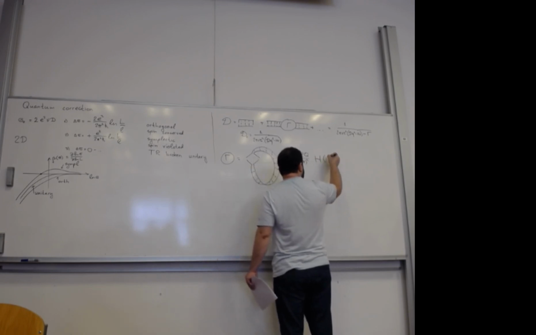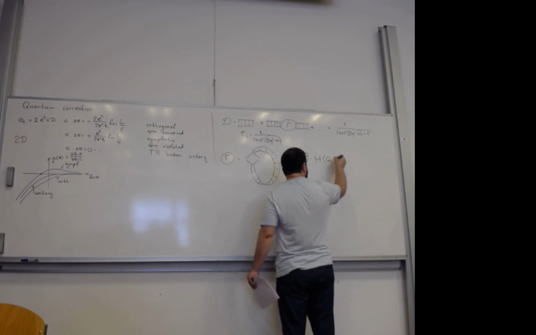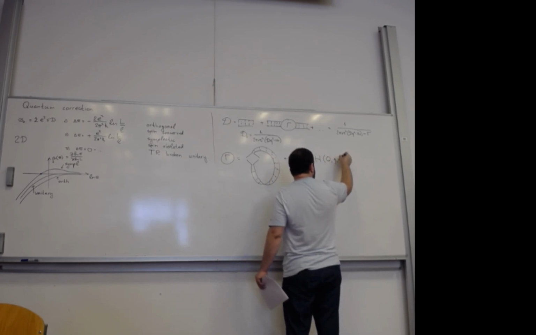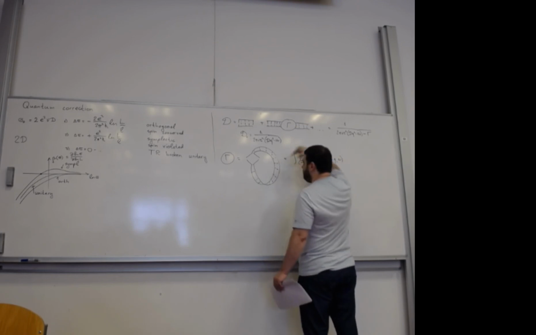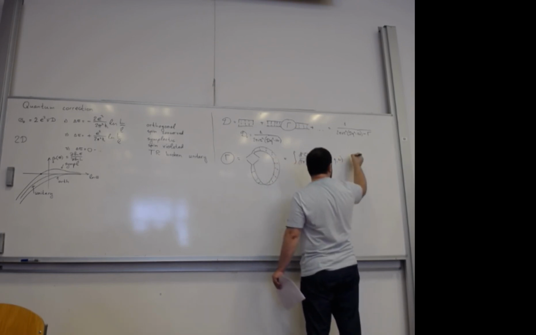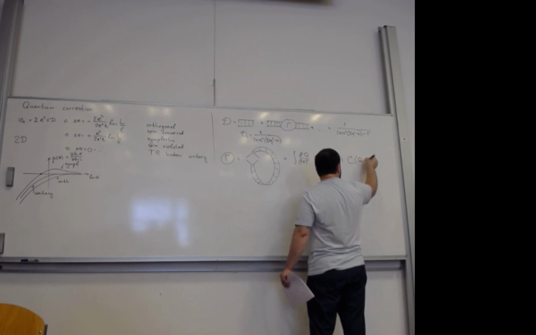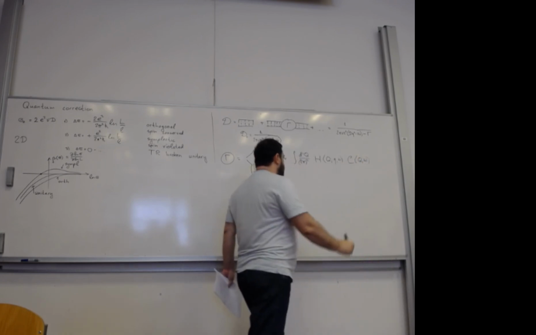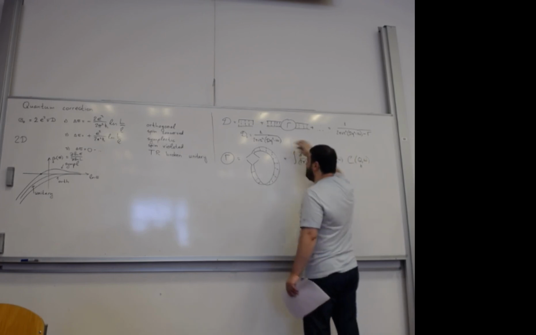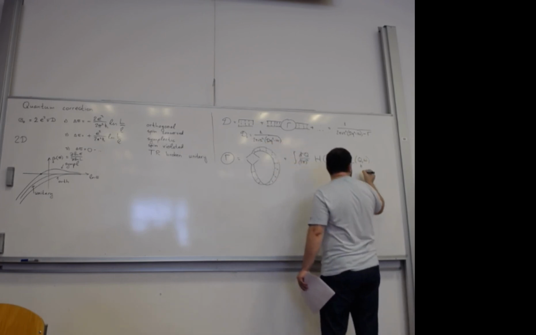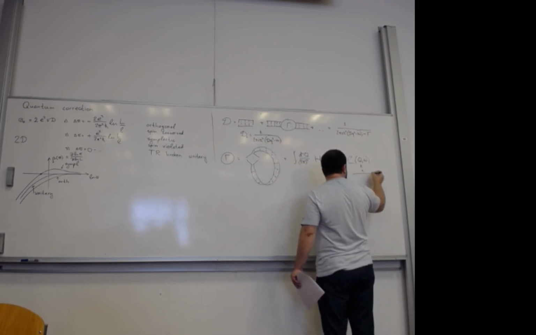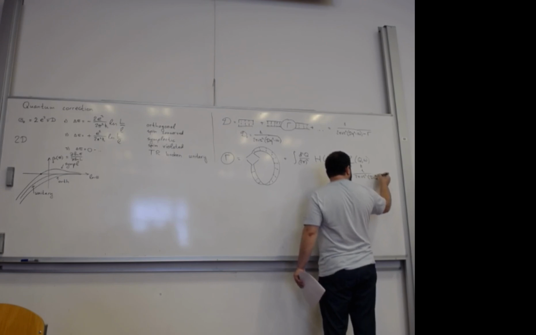The Hikami box, which depends on capital Q, small q, and omega, times the Cooperon of this loop, which depends on capital Q. And this Cooperon is exactly the same as the diffuson. It's exactly this expression, 1 over 2 pi nu tau squared times (D Q squared minus i omega). This is capital Q here.